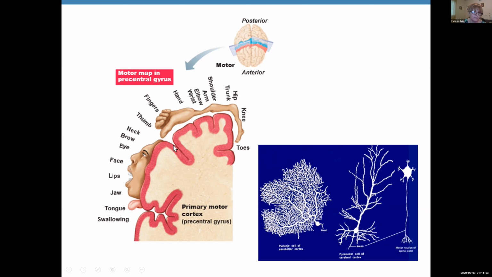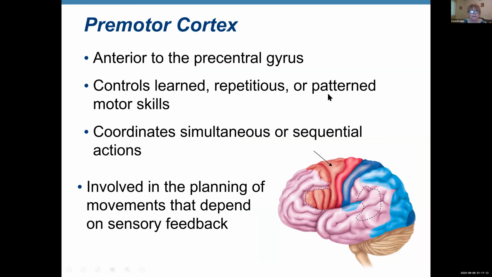So every part of it is responsible for precise movement of different body parts. So that was this red part in the precentral gyrus.